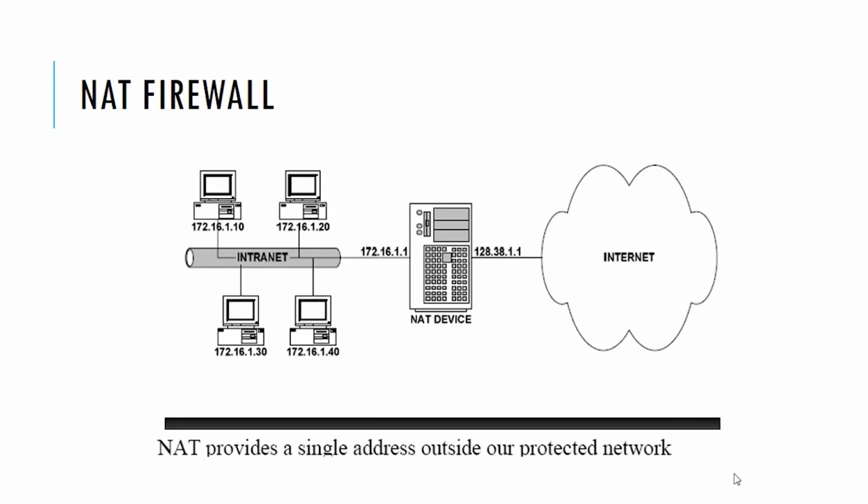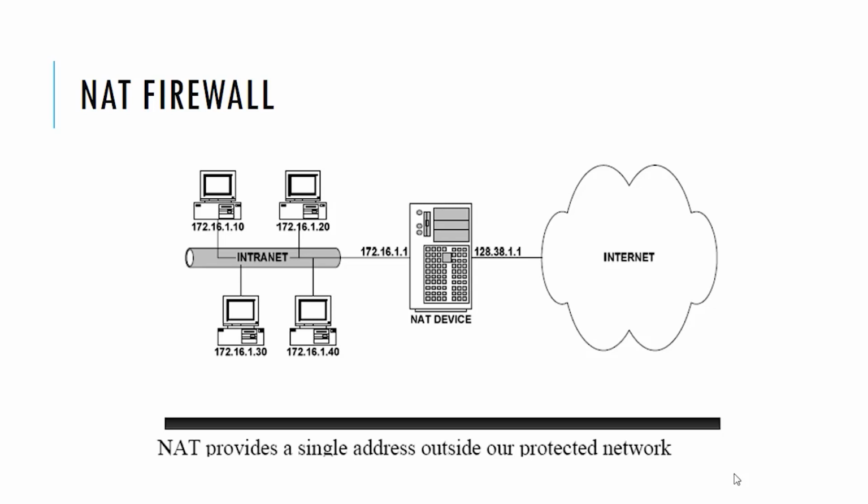So let's have a look also at the NAT firewall, the network address translation firewall. This diagram describes how the network address translation happens. In the middle we have the NAT device. This device is facing the internet with an interface card that has a real IP address, 128.38.1.1, and it has another NIC, network interface card, with a virtual IP address, 172.16.1.1.